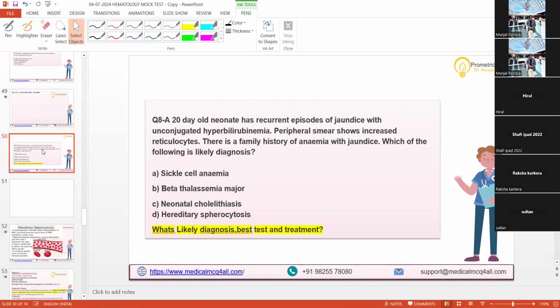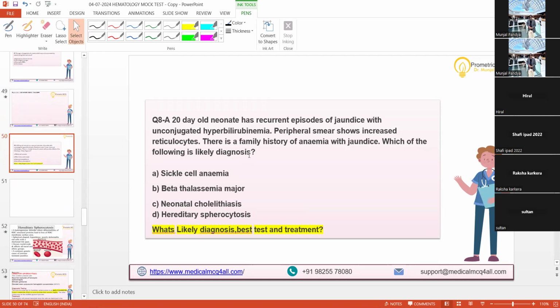Now this is a little tricky, not very tricky, but important. Learning would be there. I will make you expert in hemoglobinopathies with this question. A 20-day-old neonate has recurrent episodes of jaundice with unconjugated hyperbilirubinemia. Peripheral smear shows increased reticulocytes. There is a family history of anemia and jaundice.